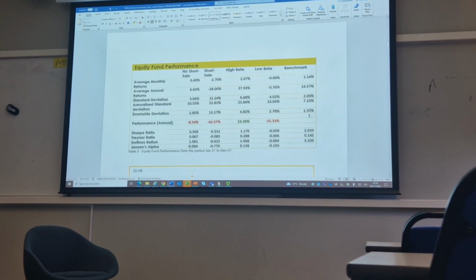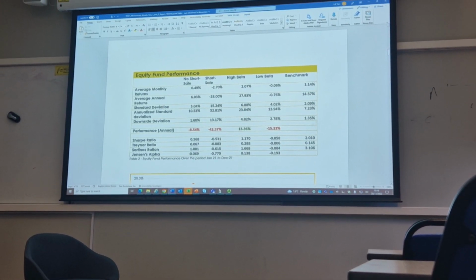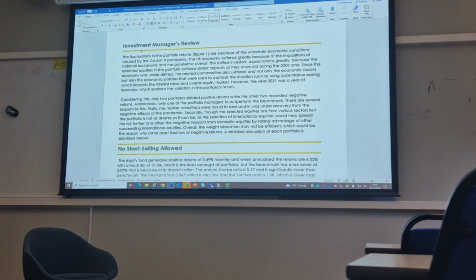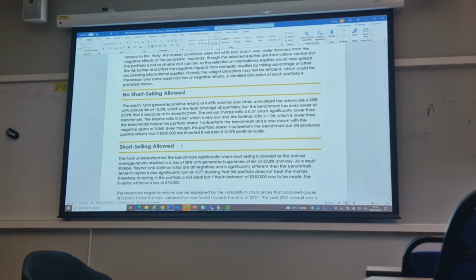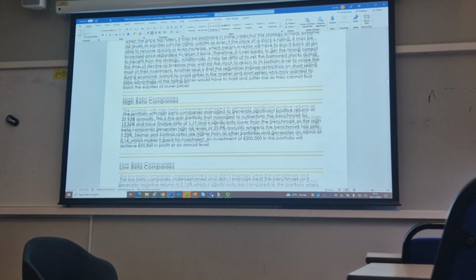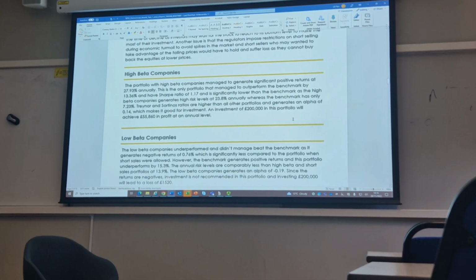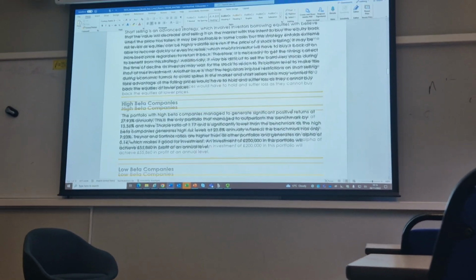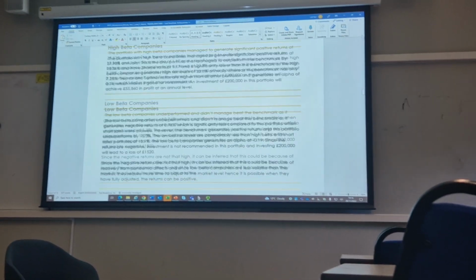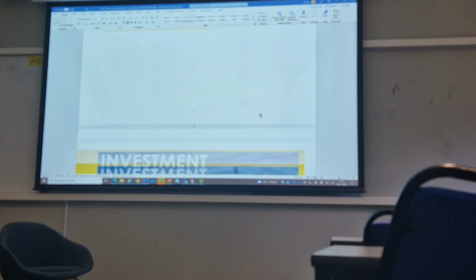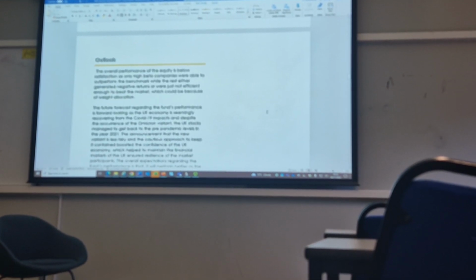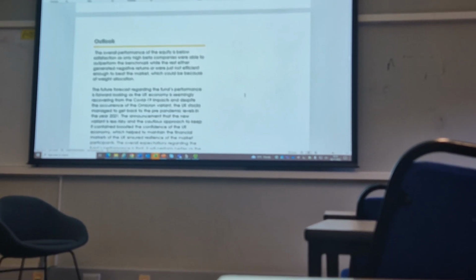And then equity performance. Investment managers review the shorts they allowed, and the problems. He or she discussed the performance of these four funds separately, and then the outlook as well. Is that clear?